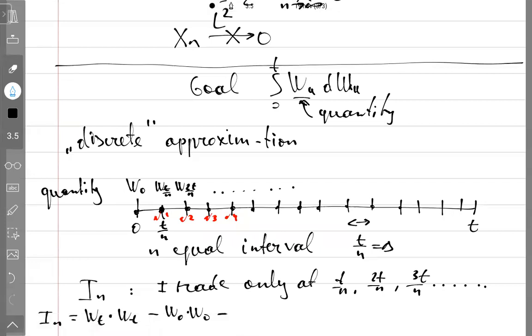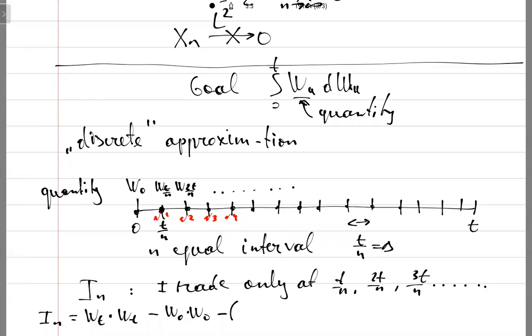I want to have Wt over n cups. So I should buy the difference, Wt over n minus W0, times the price of each cup at this moment of time, Wt over n.